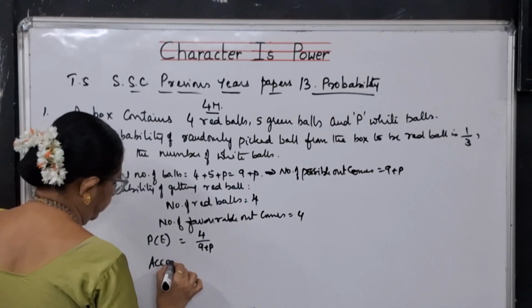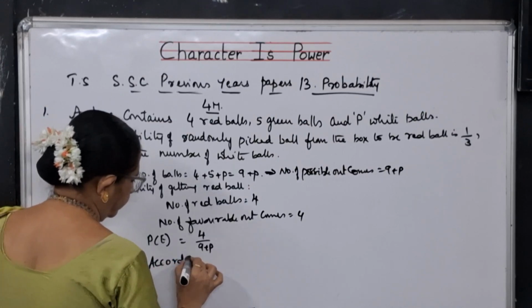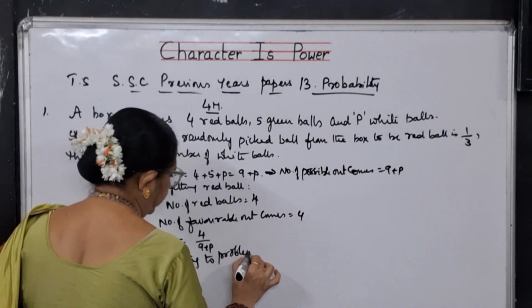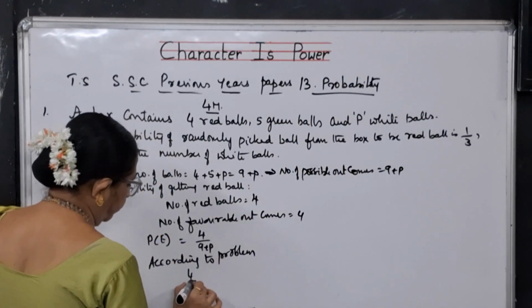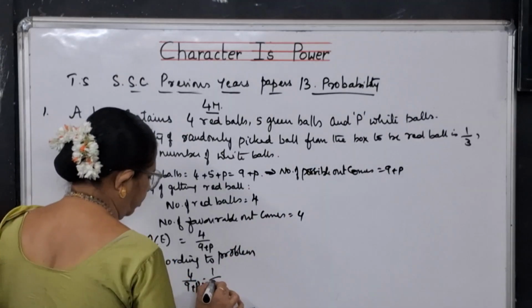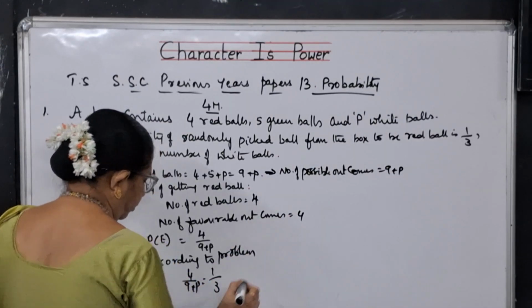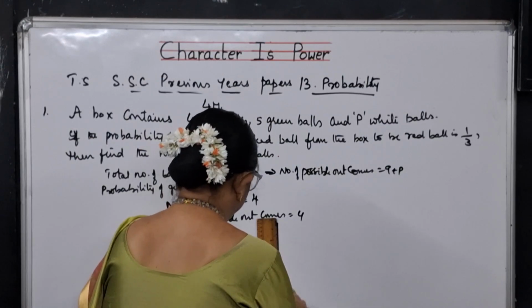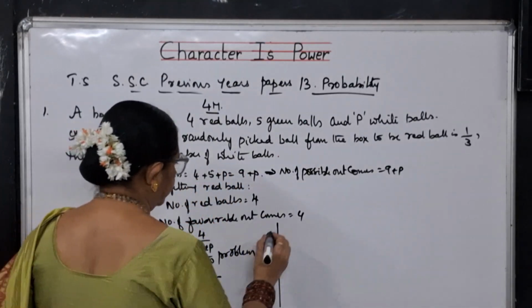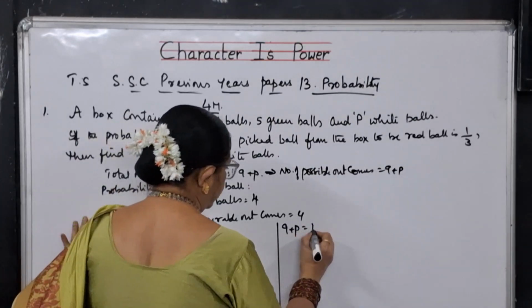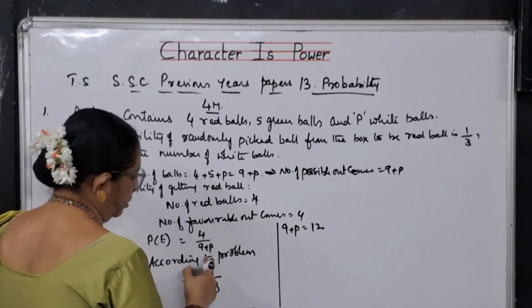According to the problem, 4 by 9 plus p is equal to the probability given as 1 by 3. So 4 by 9 plus p is 1 by 3, means 9 plus p is equal to 12, by cross multiplication.